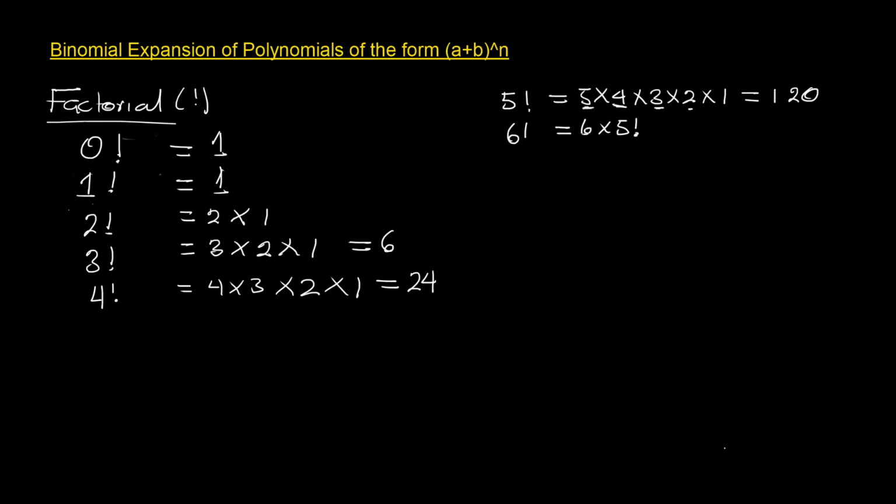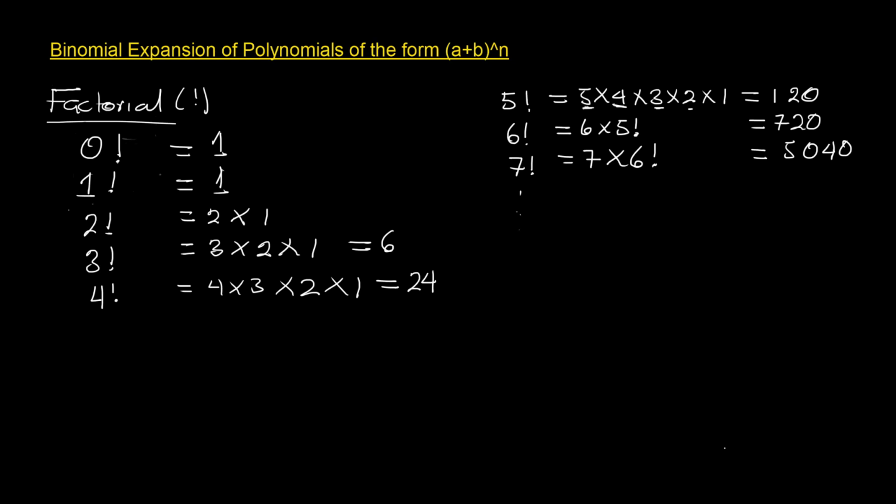So if we want the factorial of 6, it is 6 times 5 times 4 times and so on, so we shorten it and write the factorial of 6 is 6 times the factorial of 5, and that gives us 720. 7 factorial will also give us 7 times 6 factorial. When we compute, this gives us 5040. So that is the factorial.